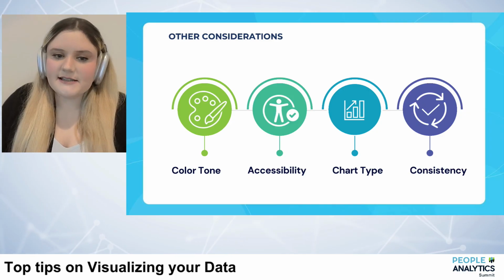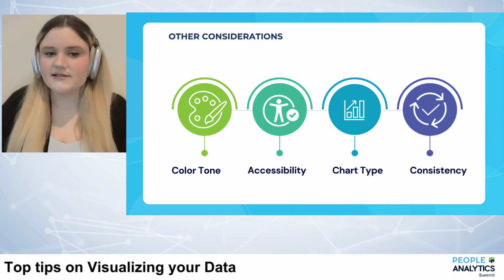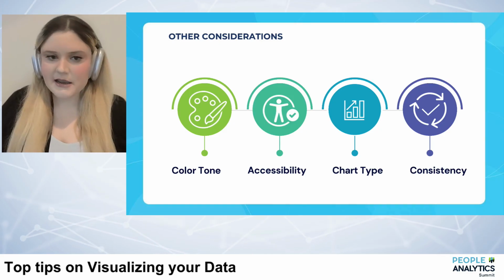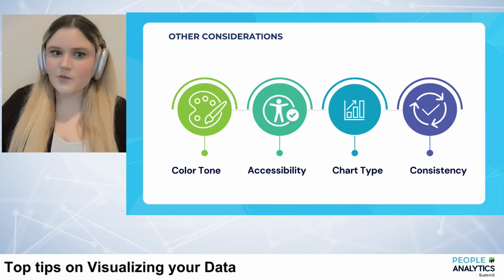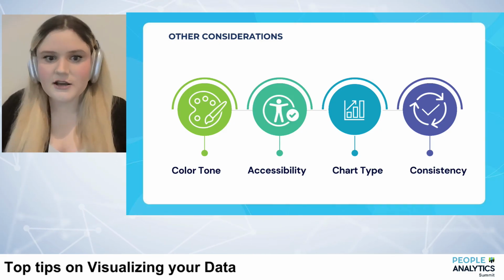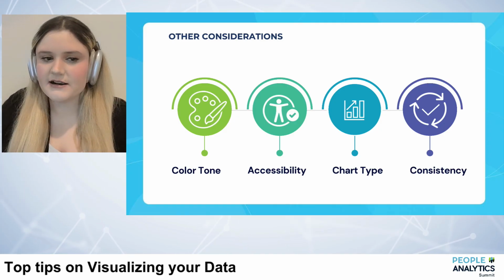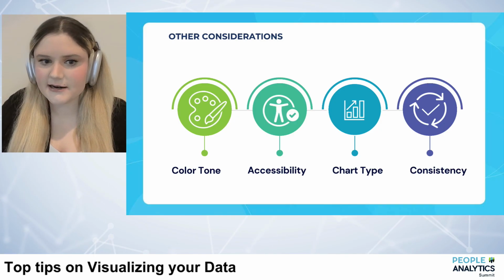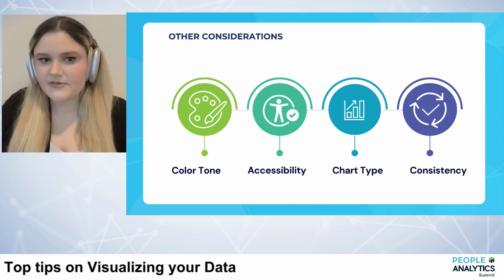And then last, consistency. I briefly mentioned this earlier, but if you're using one color for a category, such as orange for involuntary, you want to keep it that way throughout the presentation. If all of a sudden I switch to orange for voluntary, that would be very confusing to the audience. You want to keep things as consistent as possible.